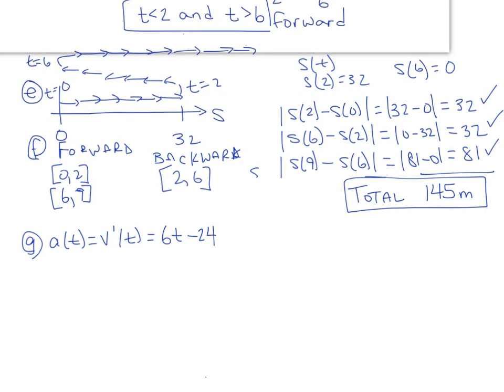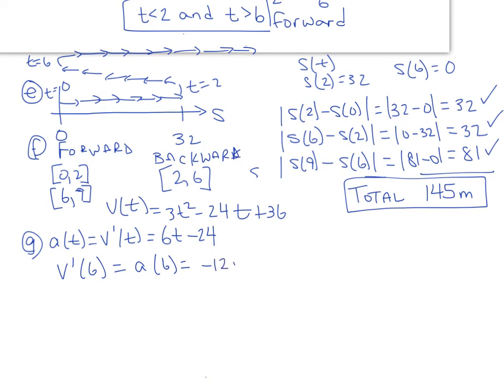So velocity was 3t squared minus 24t, and we had plus 36, but then that constant goes away when I take the derivative. I need v prime of 6, which is a of 6 in this problem, and I will get negative 12. Let's rewrite that so it looks nice. Negative 12 meters per second squared.